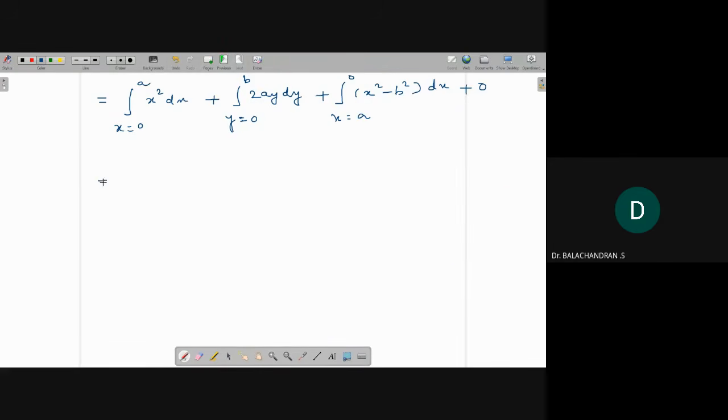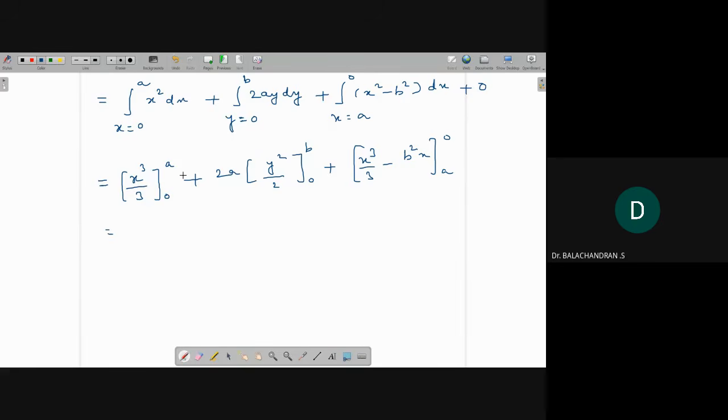The remaining part is just single integration. x cube by 3, with limit from 0 to a, and 2a into y square by 2, from 0 to b. And then if you integrate here, x cube by 3 minus b square x, limit is from a to 0.